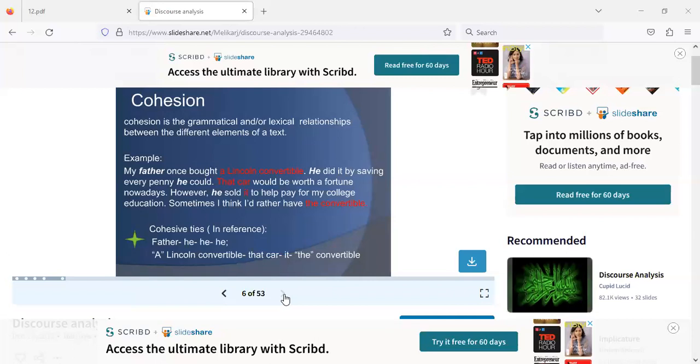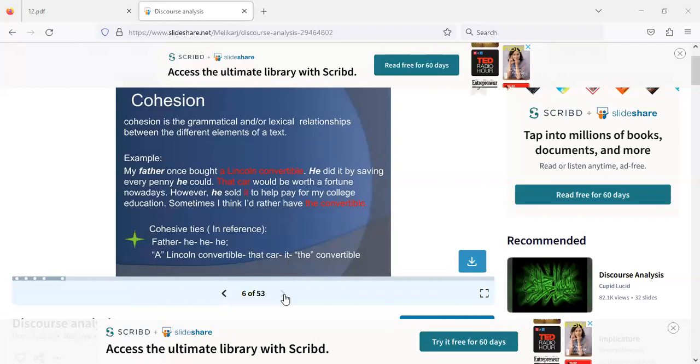Then if you think about time: once, nowadays, sometimes. However, we'll keep that word aside for a few seconds.